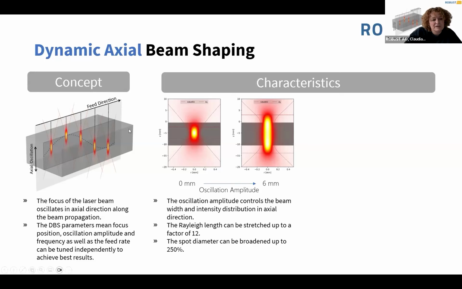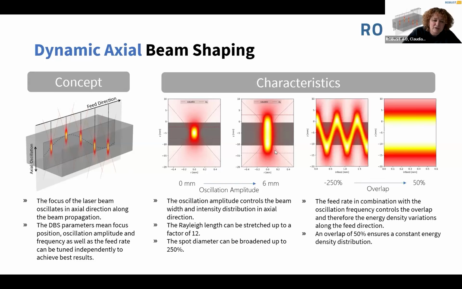And if you do this, like it's shown in this picture, you can see that the intensity, the energy, does not drop down too much on the rim, but is very constant on the very long shape. And this is really the trick of dynamic axial beam shaping.